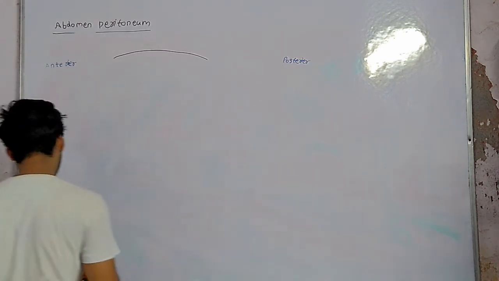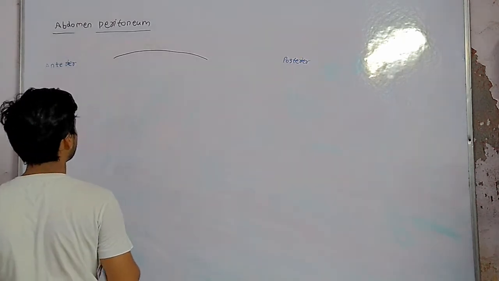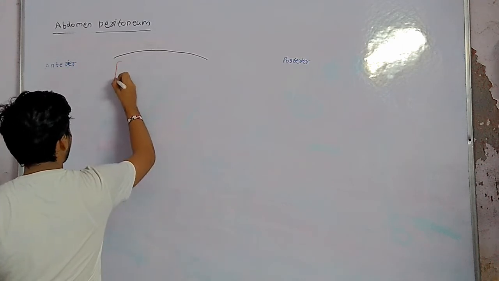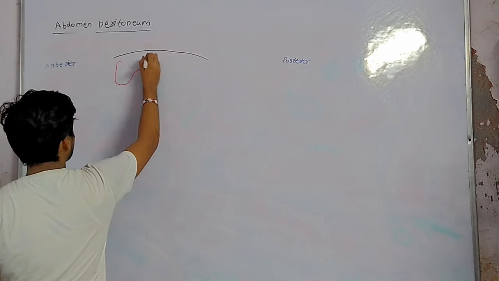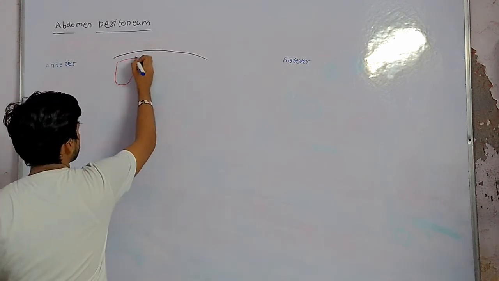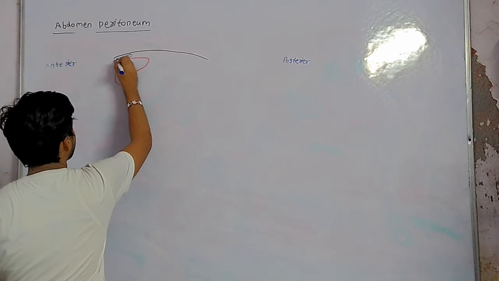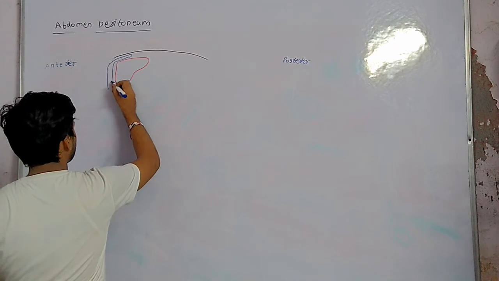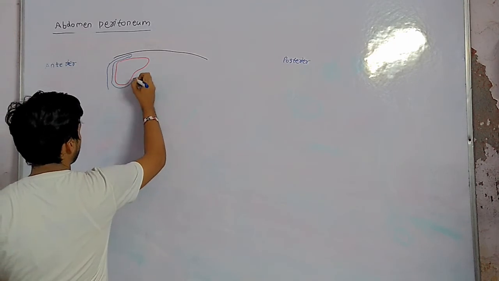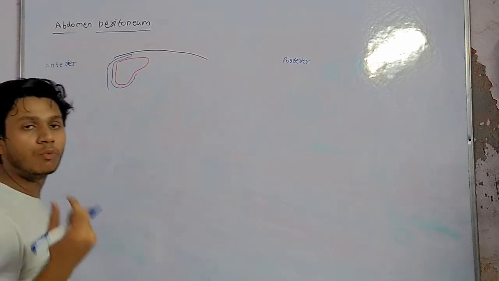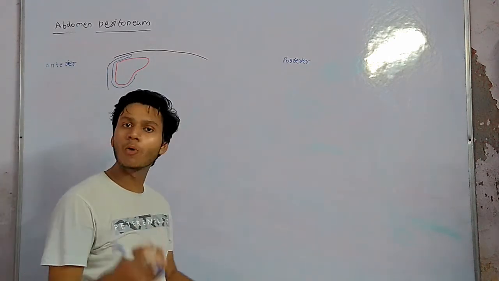First the peritoneum goes anteriorly to the liver, and posteriorly too. Remember, the liver has one opening on its posterior surface called the porta hepatis.